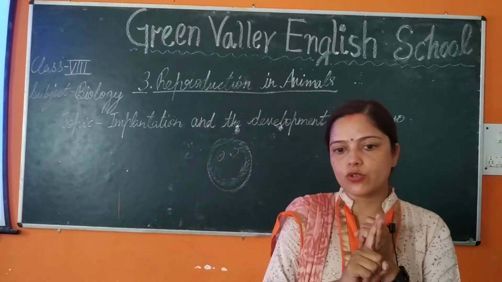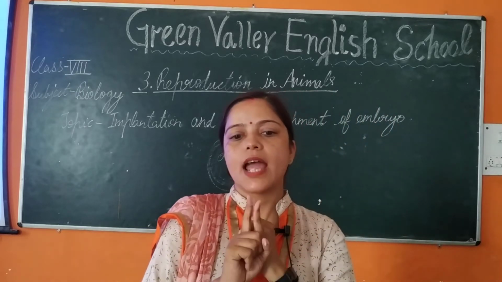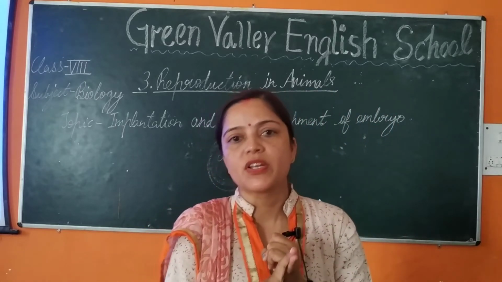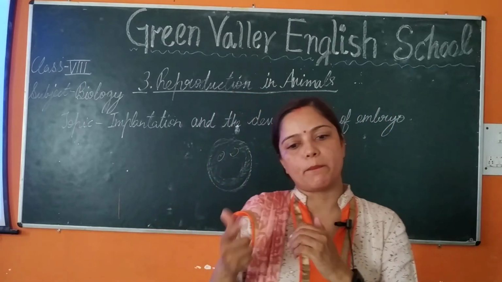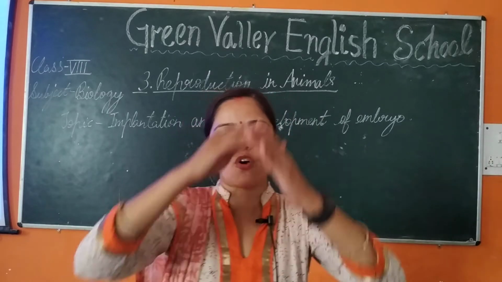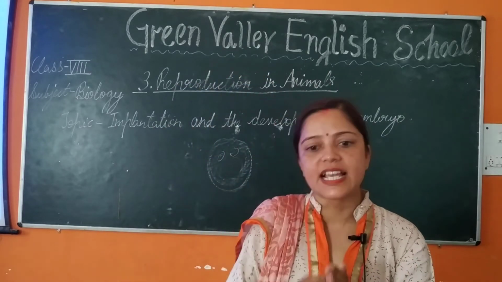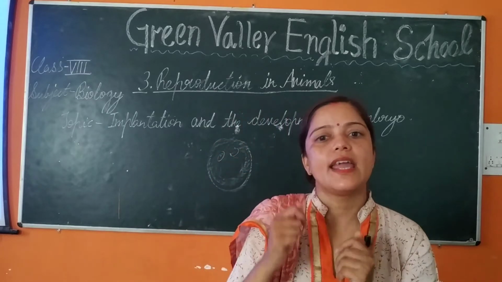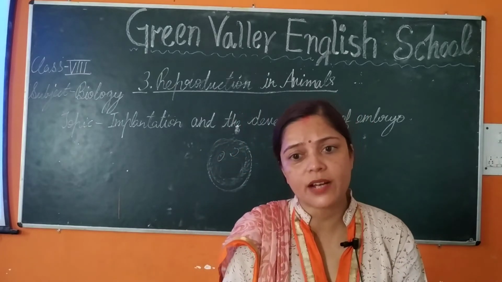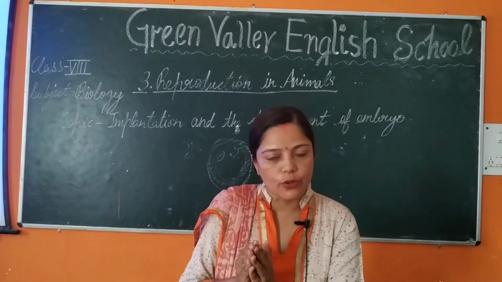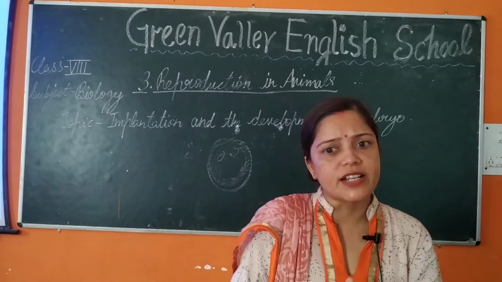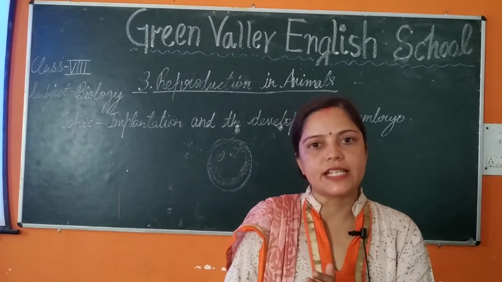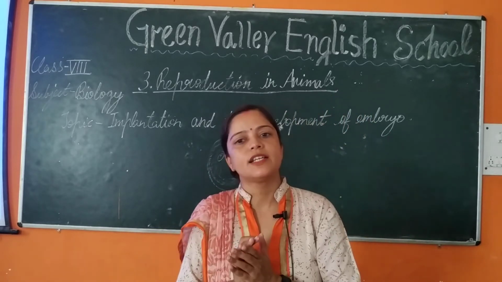So what did I tell you about? I told you about the embryo. What is an embryo? The zygote divides rapidly and repeatedly to form a ball of many cells, and that is called an embryo. The second thing was implantation. What is implantation? The fixing of the embryo in the wall of the uterus for further development is called implantation.